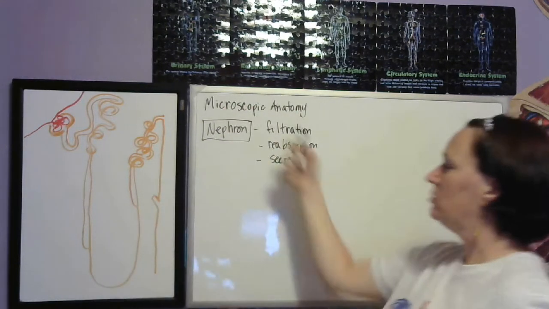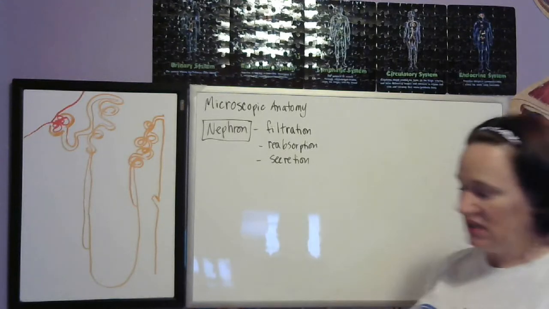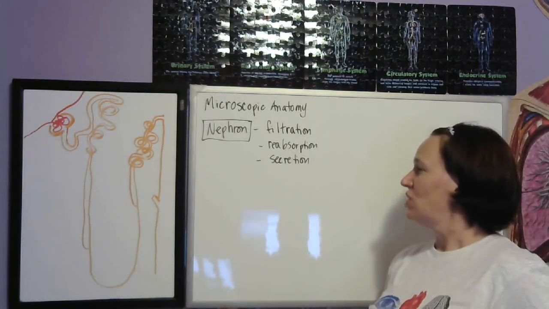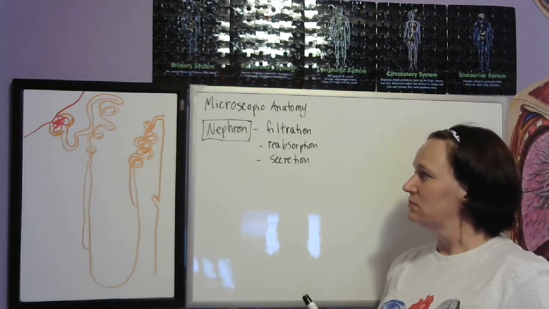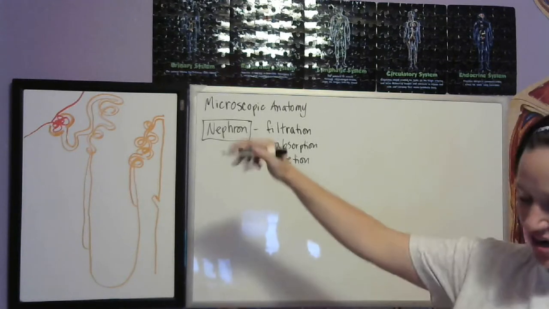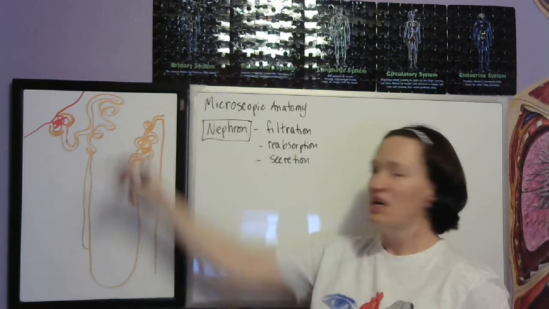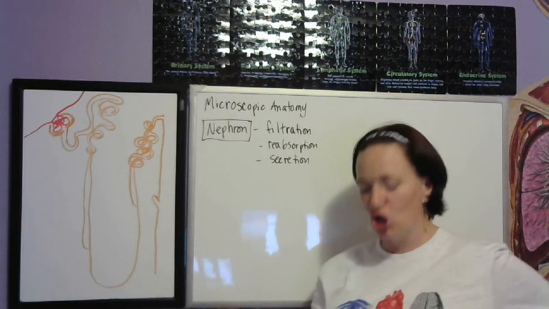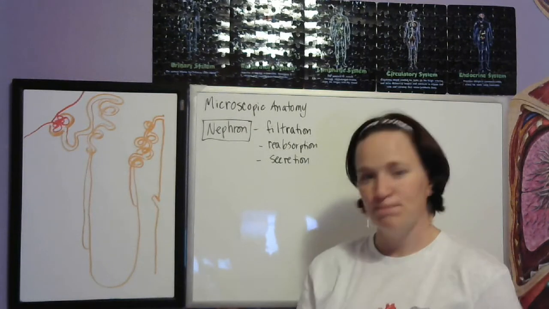Okay, so you put all three of these steps together and you get the function of the kidney. And when I say functional unit, we're talking about 1 million of these teeny tiny things per kidney.